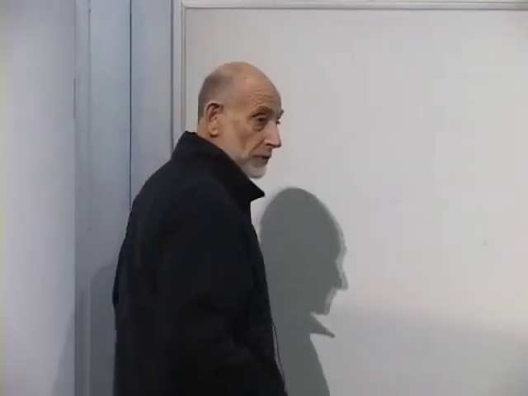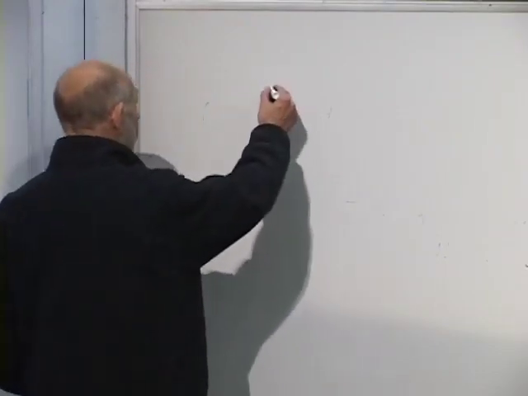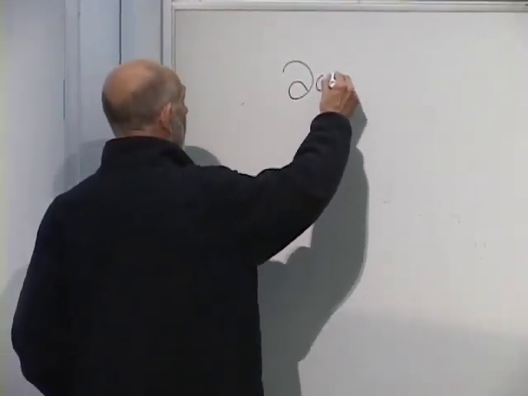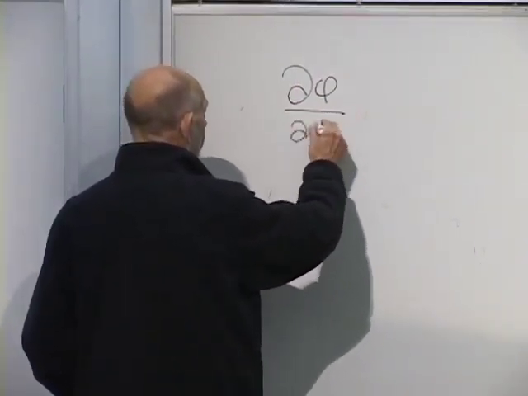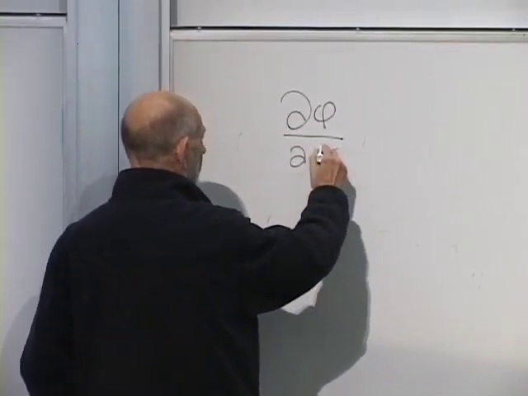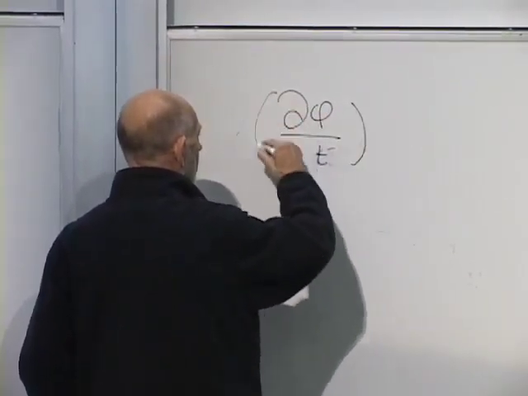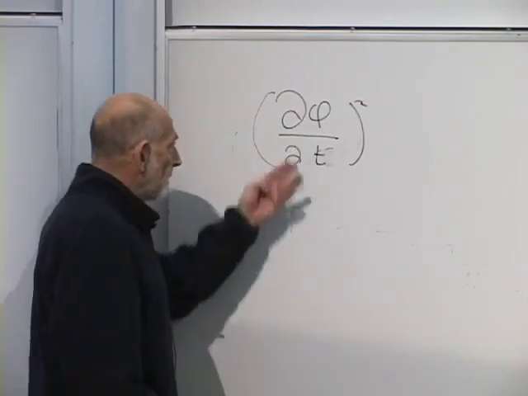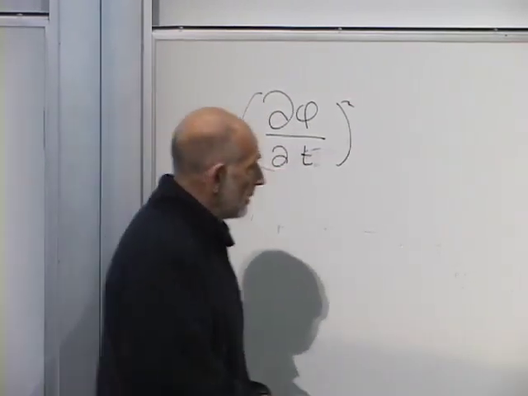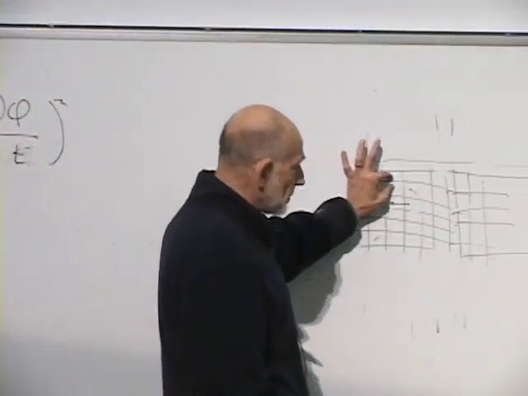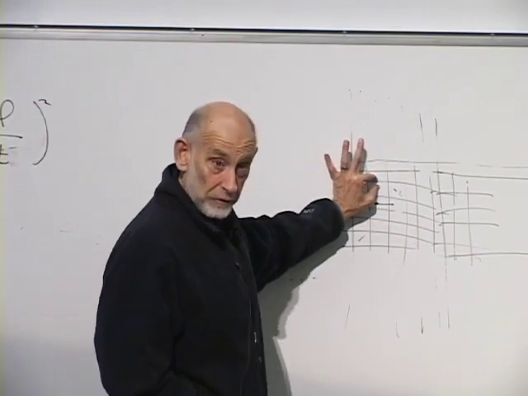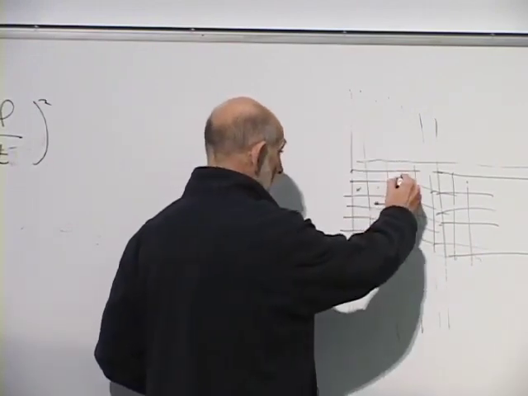Which terms involve pairs of boxes? The terms which involve pairs of boxes are things like the derivative of phi with respect to t squared. The derivative of phi on a lattice becomes the difference of phi in neighboring boxes.